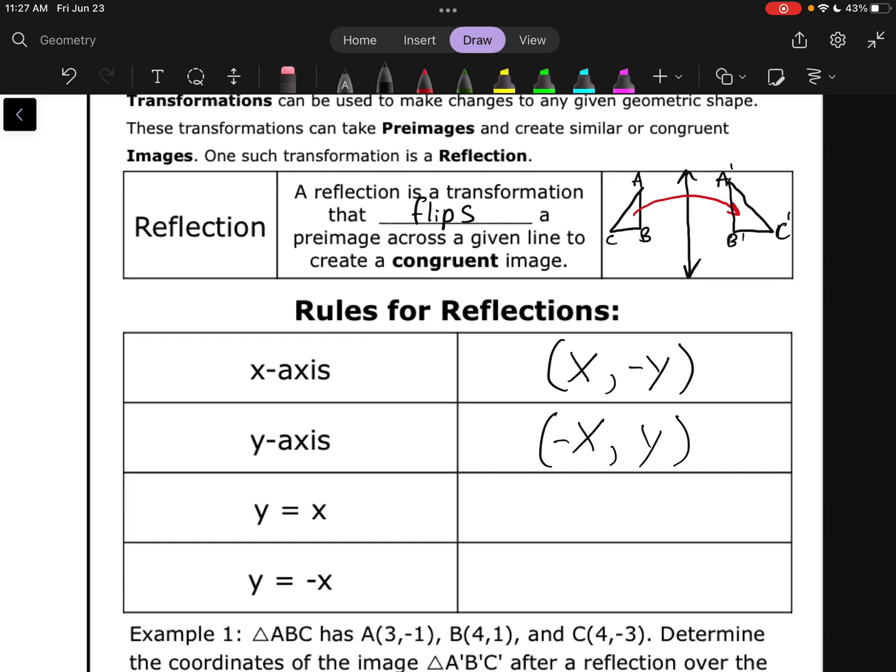If you want to flip across the line y equals x, then you are going to just swap the y and the x value. Now, in case you don't remember the line y equals x, the line y equals x is this diagonal line going this way.